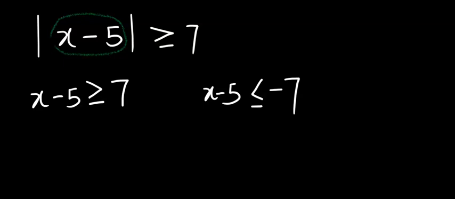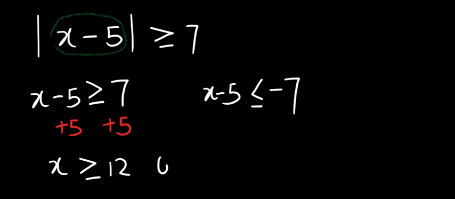We're not quite done yet. We're going to isolate this x. Isolate x by adding 5 to each side. x is greater than or equal to 12. Or we're going to solve this one. We also need to isolate x, add 5, add 5.